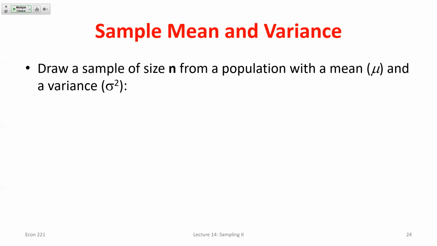So I could draw a person at random. They make $300,000. So that's the sample mean I saw. I could draw someone at random. They only make $10,000. That's the sample mean I found. So I have a pretty wide range of values. But what if I take samples of size 100? Well, I could happen to have someone in my sample who makes $300,000, but it's very, very unlikely everyone else in my sample makes $300,000.